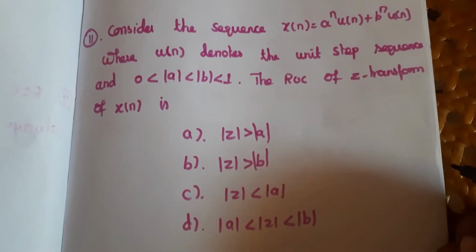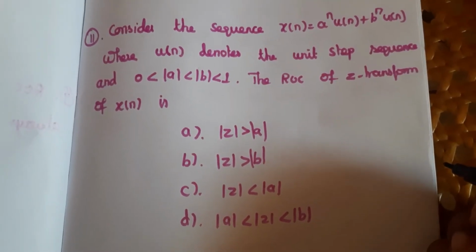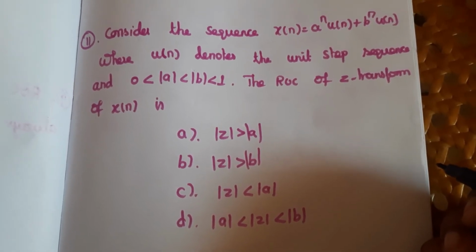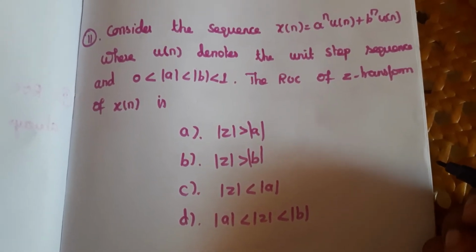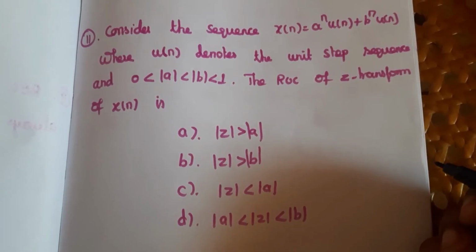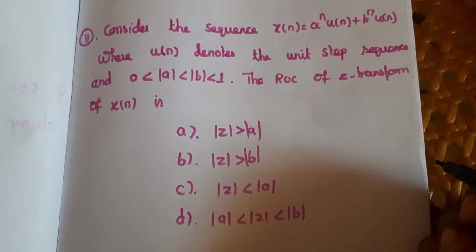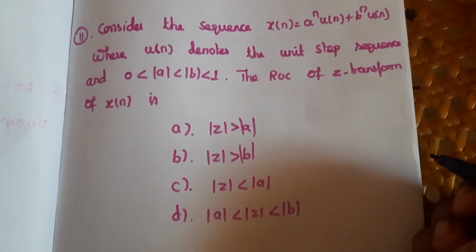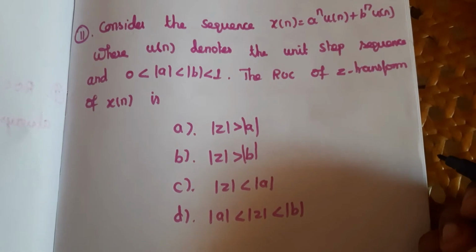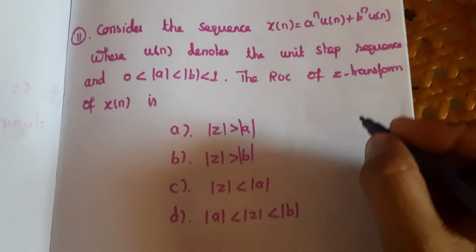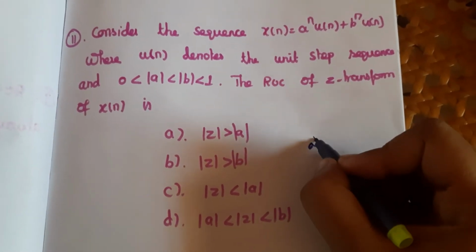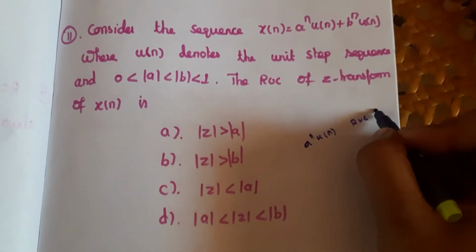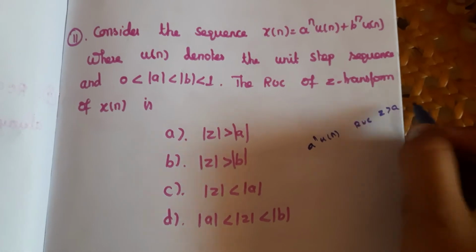And 11th question, consider the sequence x of n equal to a power n u of n plus b power n u of n, where u of n denotes the unit step sequence and the value a is greater than 0 but less than b, and b is greater than a and less than 1. The ROC of Z transform of x of n is? Here for a power n u of n we have the ROC Z greater than a.